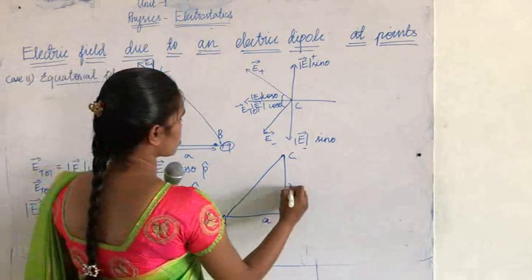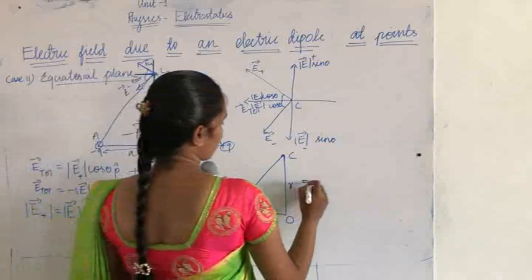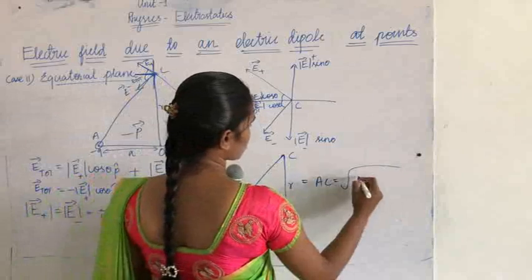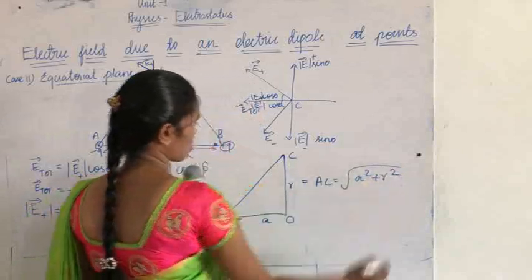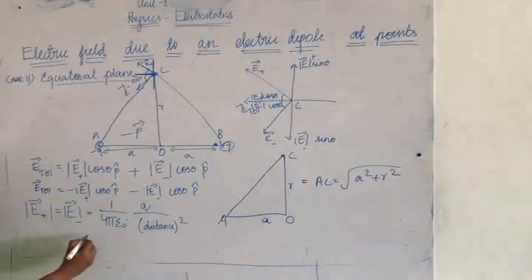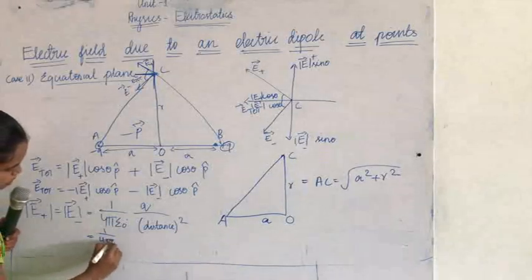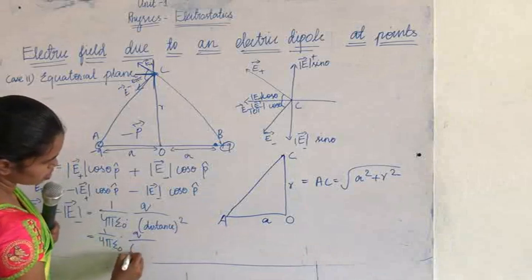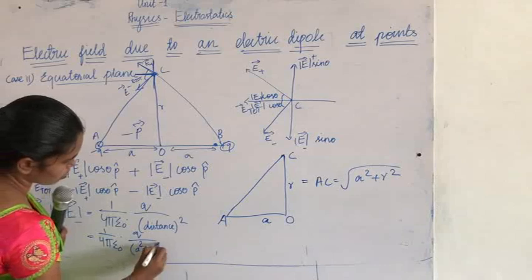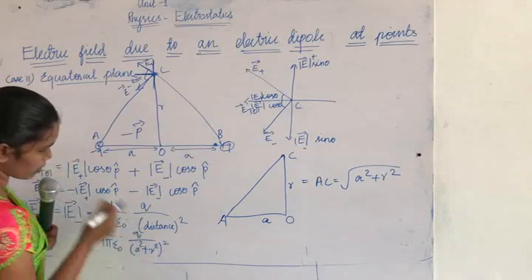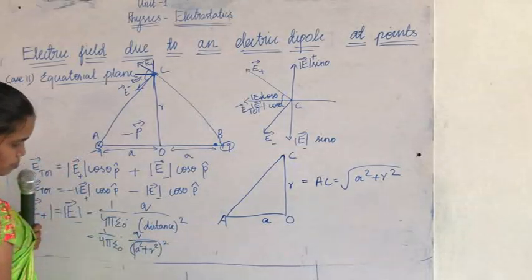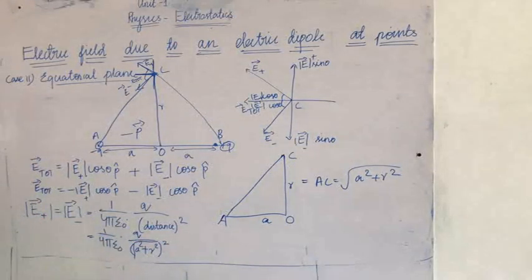This distance is A and this distance is R. By applying Pythagoras theorem, AC equal to root of A square plus R square. Now you apply it here, equal to 1 by 4 pi epsilon 0 Q by the distance root of A square plus R square, the whole square. Now the root and square get cancelled.